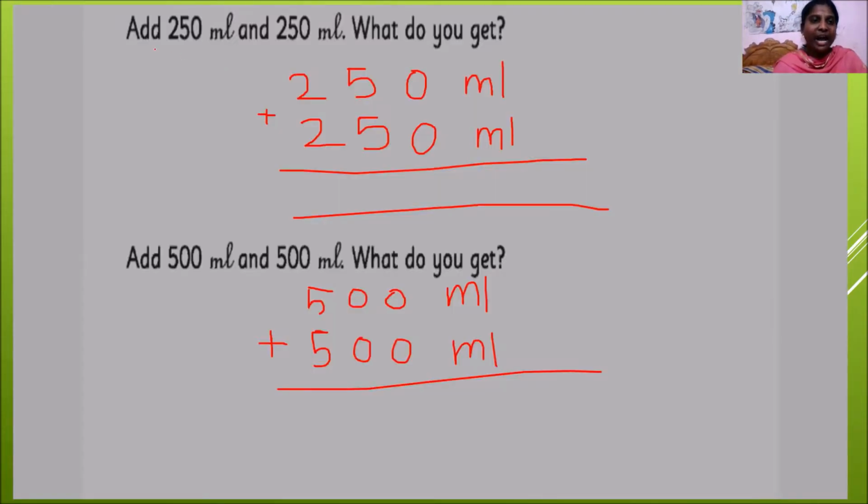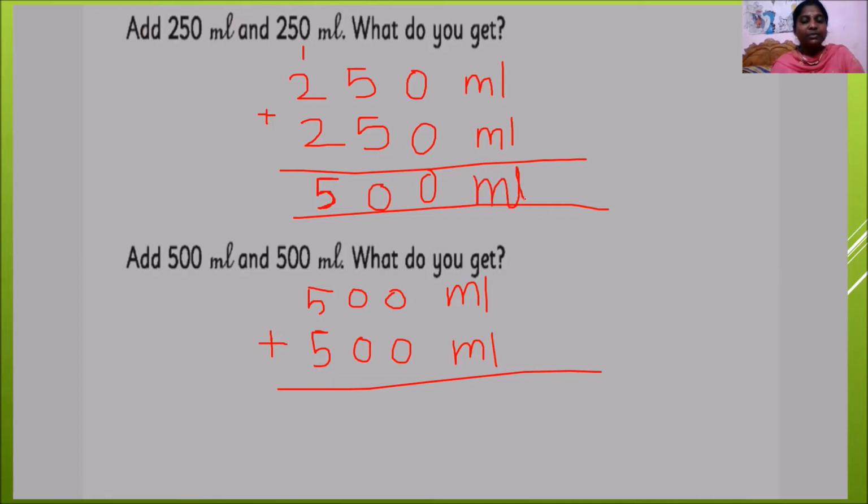Next we are going to add 250 ml and 250 ml. What do we get, children? Add this 250 ml and then 250 ml. See here you have to write the unit. It is compulsory. When we are adding 250 ml and 250 ml, we get 500 ml.